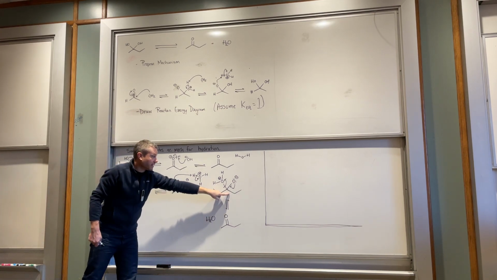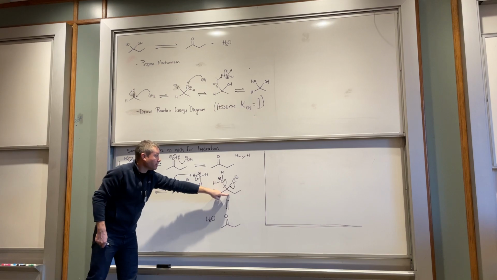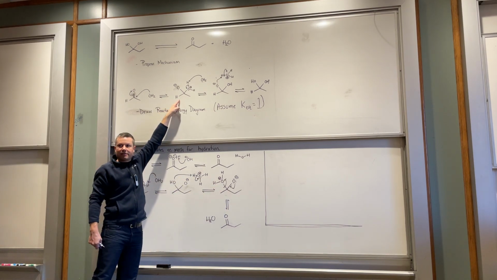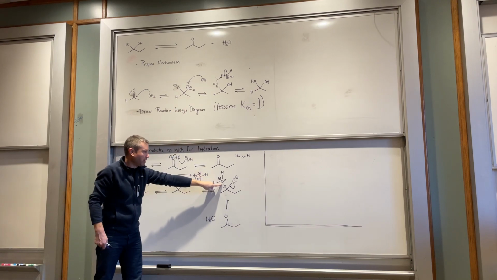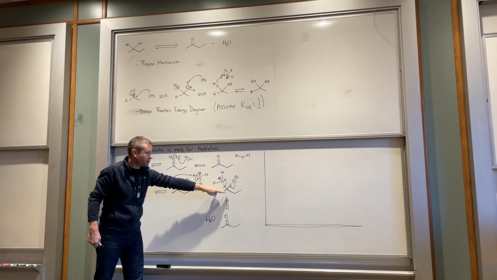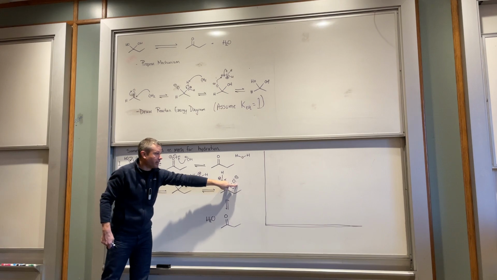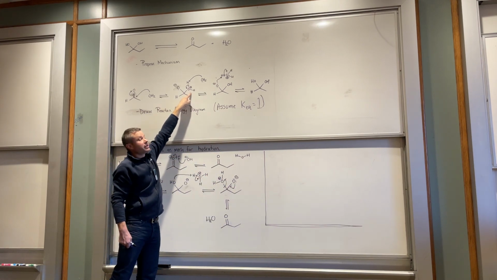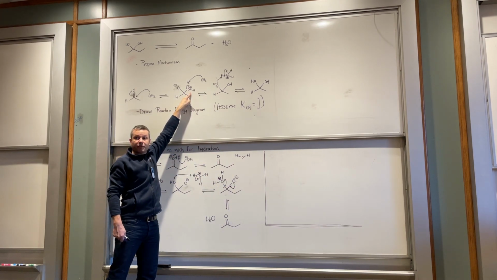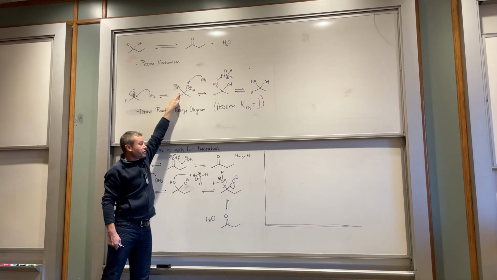As we move to the second to the last intermediate here, you can see it looks exactly the same as the first intermediate up here. We have a molecule of water, positively charged oxygen attached to that carbonyl, and then a negatively charged oxygen. Same thing up here, molecule of water with a positively charged oxygen and a negatively charged oxygen.